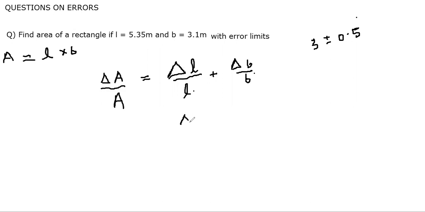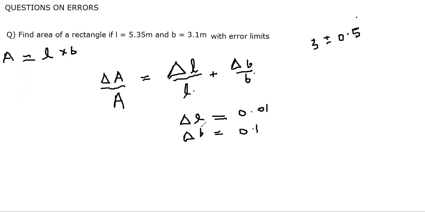So the value of delta L would be 0.01, and the value of delta B would be 0.1.